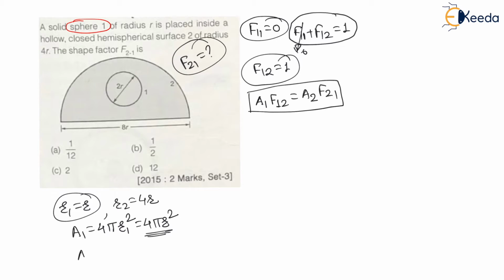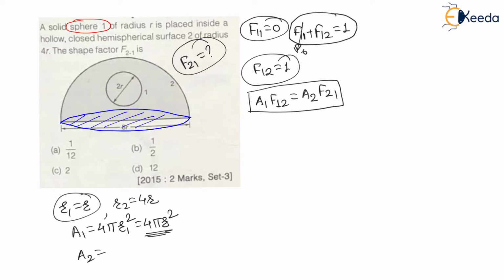Now let us find area 2. What is the area of 2 in contact for the radiation of 1? Half of the sphere area is in contact. As well as, it is a hemisphere, therefore at the bottom there will be a circle like this, definitely.